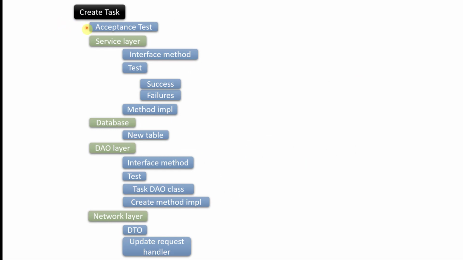So ideally we would write the acceptance test first. Again, these are the ones that send request objects to the request handler. I call that acceptance test because when that is working as expected, then the entire feature on the server is working. And ideally we would write this first, but we're going to need to instantiate task service and task DAO and some of the payload objects, the request objects, create task request, and update the request handler.